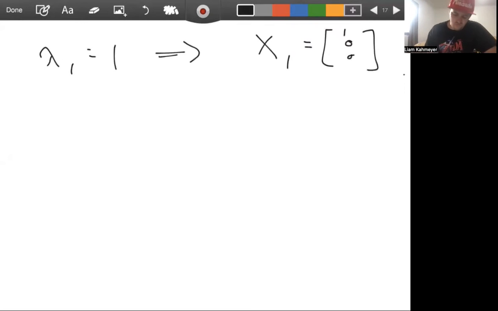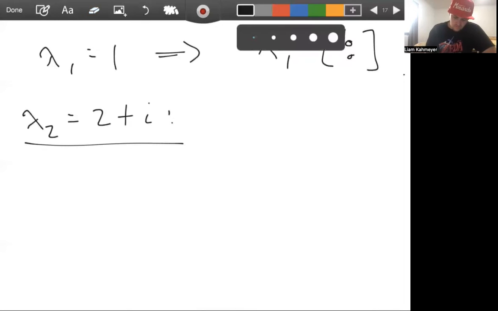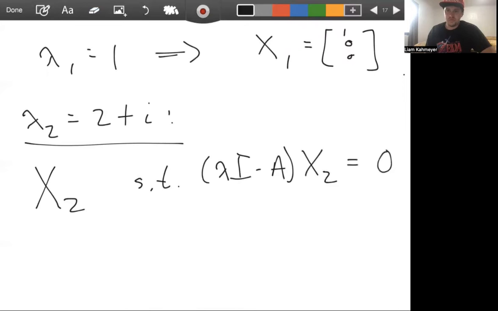Okay, now what do we do for lambda 2, which is 2 plus i? Again, the process is the same. What you're looking for is the vector, sorry, that looks like an x, that's a lambda. You're looking for the vector capital X2 such that lambda I minus A times x2 equals 0.